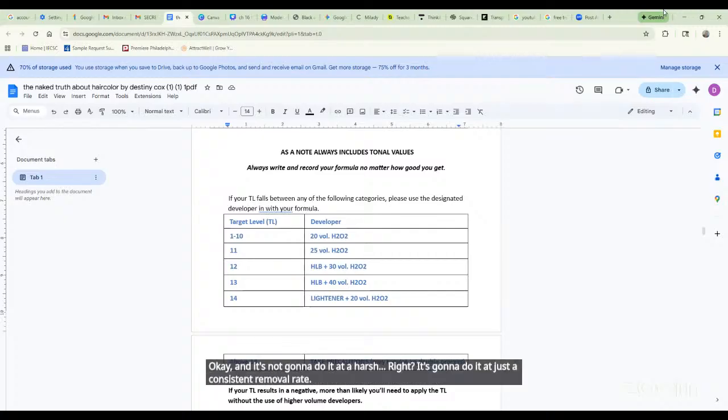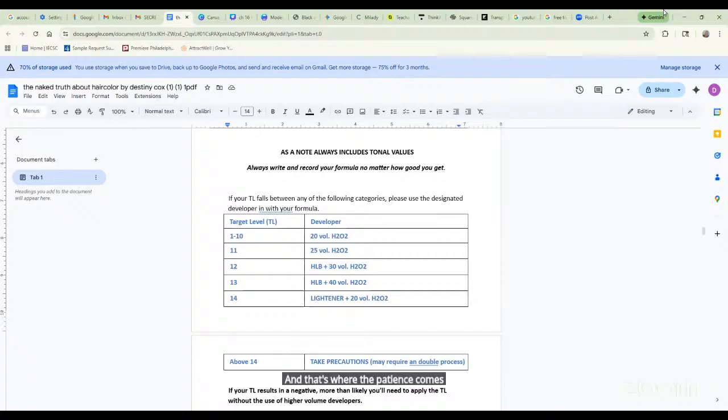And that's where the patience comes in with hair color, because if you think every client is in and out in 30 minutes, it's not. And when it comes to lighteners, this is why I like to charge by the hour. There's a base rate, and then there's a charge by the hour. Okay.